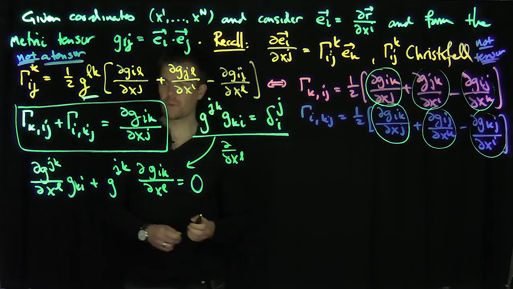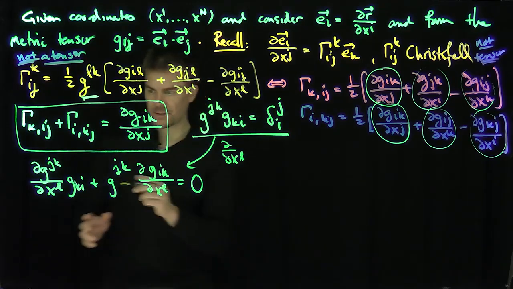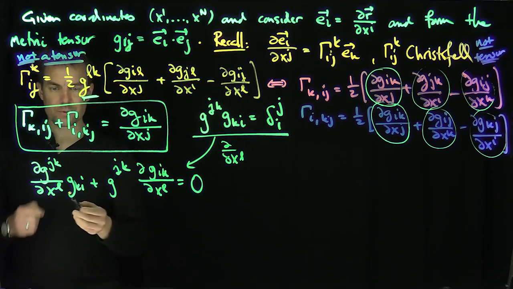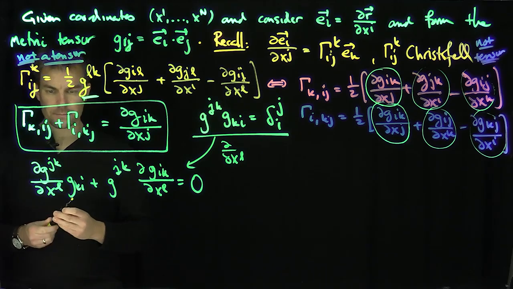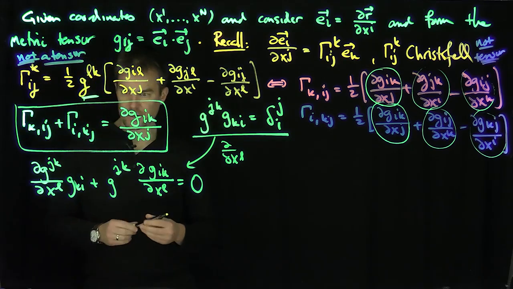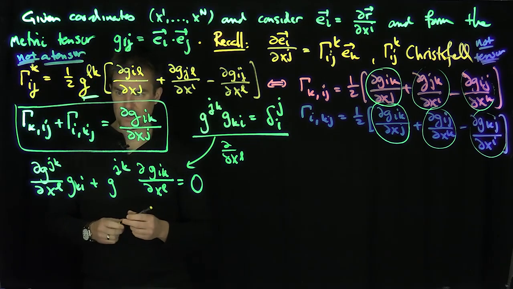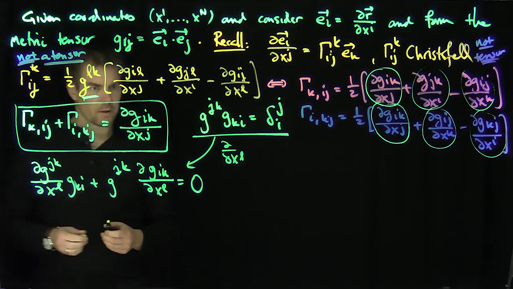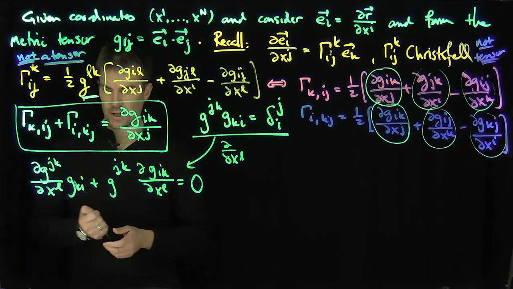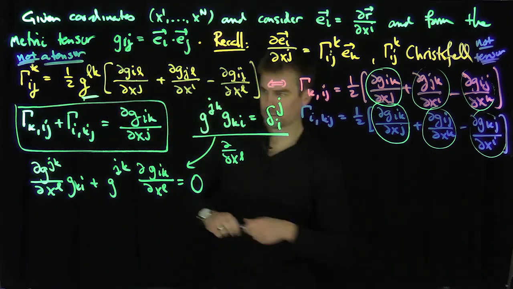And so now I'm going to contract this. I have a k and a j, that's good, and so I'm going to hit this with a g, the upper one.